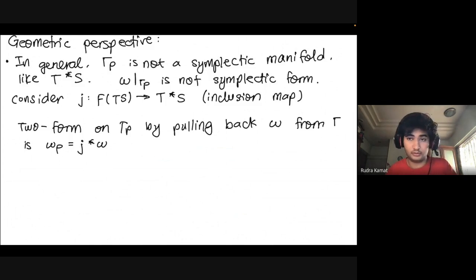That's just how the pullback works. So this omega sub p, the two form on gamma sub p, is not symplectic, but it is pre-symplectic.